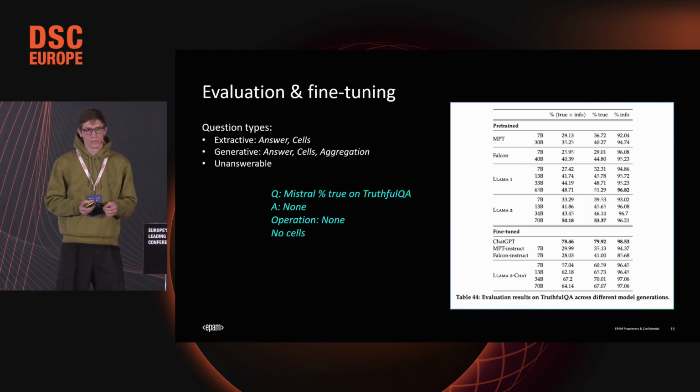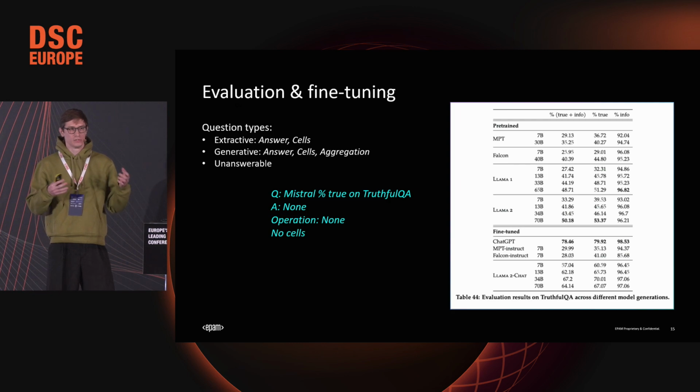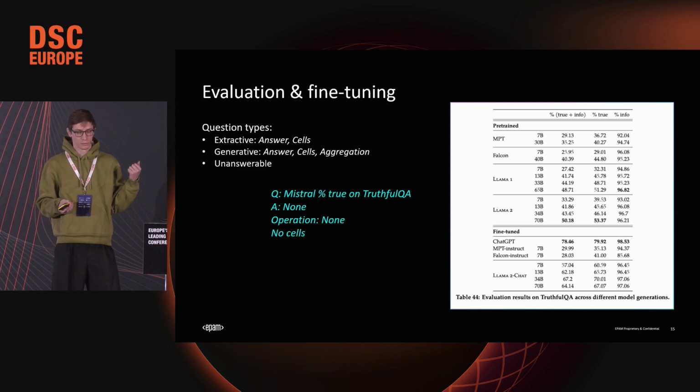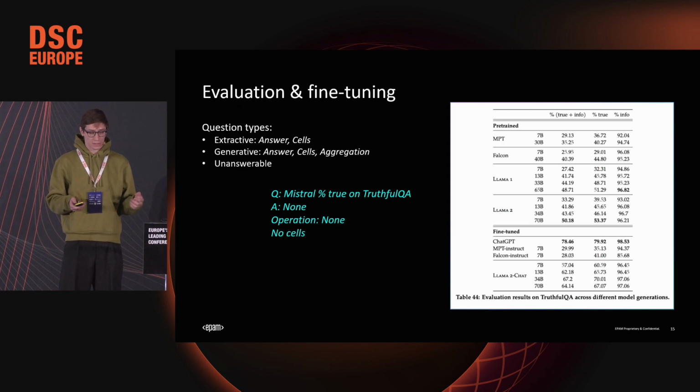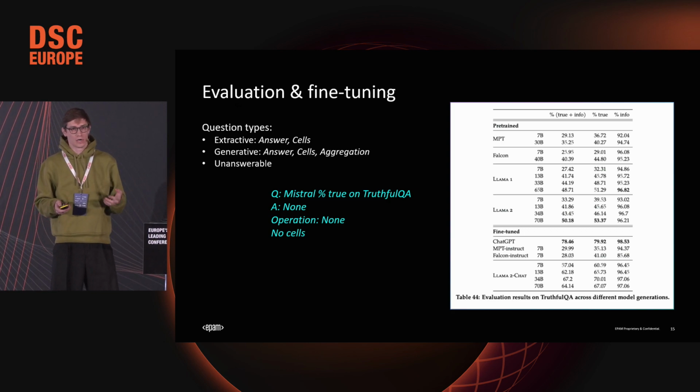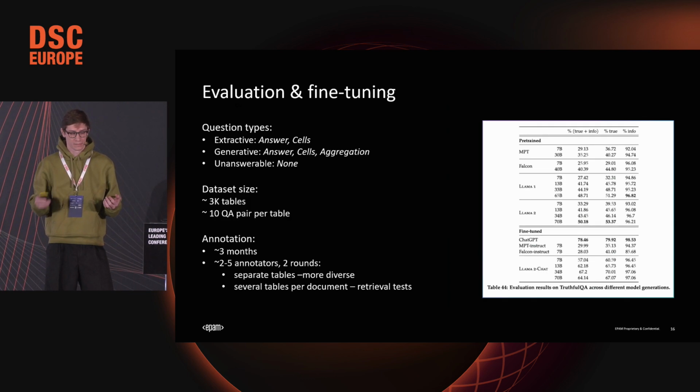And finally, we would like our system to be able to differentiate between questions it has information to answer to and questions it doesn't have enough information in the table to provide an answer. So here, for example, we have a question on Mistral model, which is not presented in the table. So our system shouldn't output any answer. No highlighted cells, no operations.